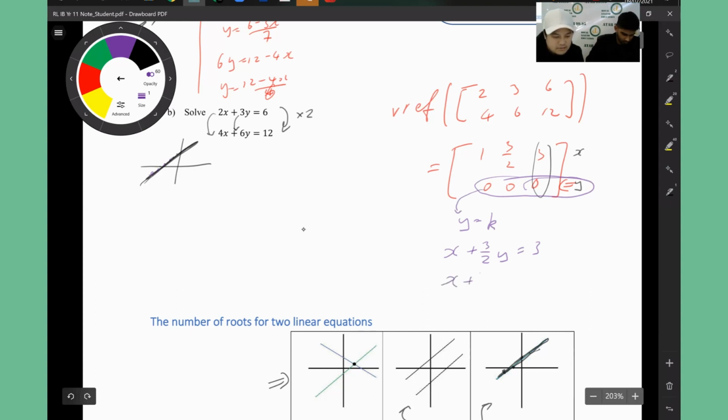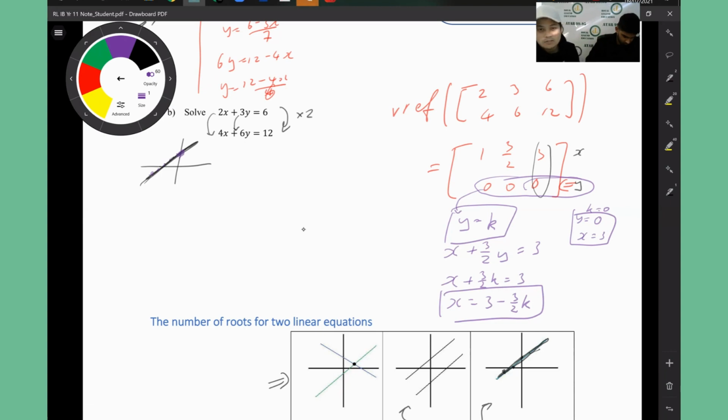So x plus 3 on 2 times K equals 3, so x is equal to 3 minus 3 on 2 K. One coordinate is when K equals 0, then y is 0 and x becomes 3, one point somewhere here. The next point is when K equals 1, then y is 1 and x changes accordingly.